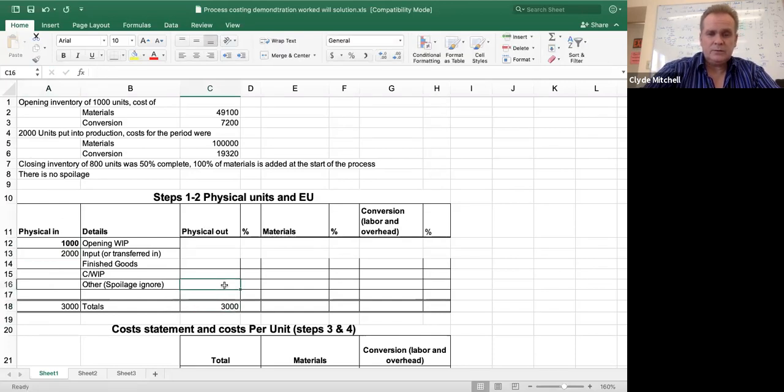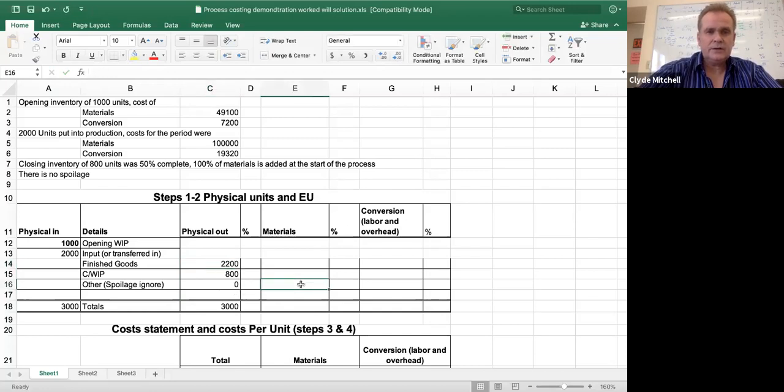We said we're going to ignore spoilage. So the balance must fall between finished goods and closing work in progress. The closing work in progress is 800. So what are our finished goods? Well, the balance is 2,200.